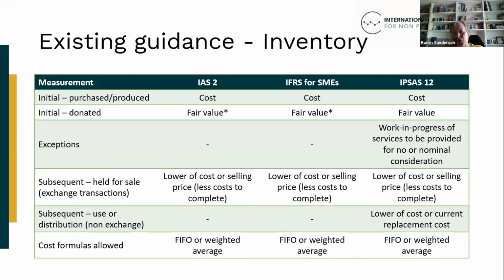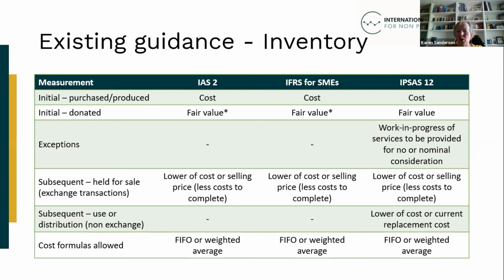But under IPSAS 12, organisations are required to develop their own accounting policies for these kinds of transactions. And that allows organisations to expense the work as it's undertaken rather than record it as inventory. So that's a bit of a dispensation there.